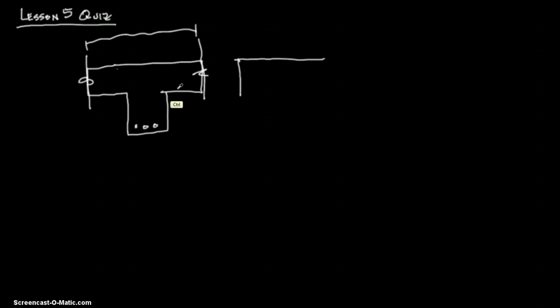So anyways, there is your T section, which, if you're thinking about it, is a real good section for what? I would say this is a good section for positive moment, because your compressive section, hopefully, sorry about that, I can't draw a straight line to save my life here.